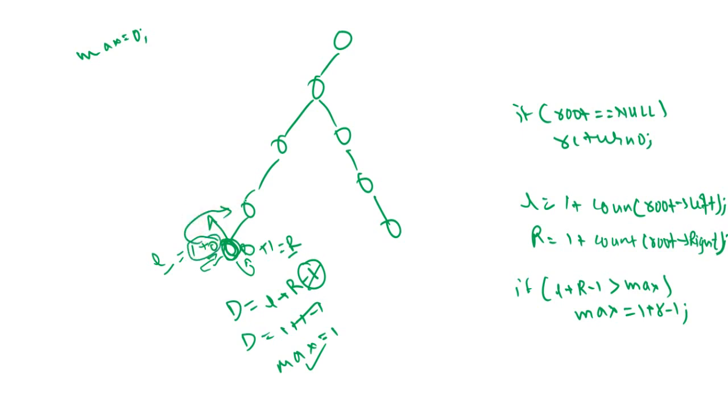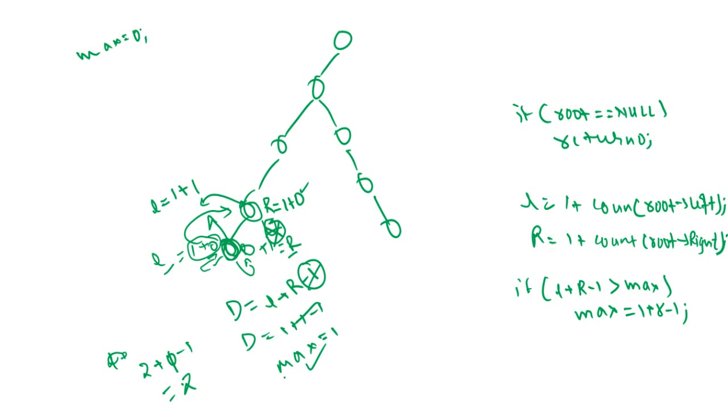So the longest part of the left of this node is 1, so its left will become 1 plus the returning value, which is also 1, so it will become 2. And for this, right is equal to 1 plus 0, since there is no node, so it will return 0. So L plus R minus 1 is 2 plus 1 minus 1, which results in 2.